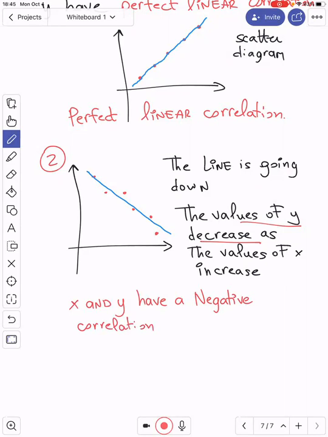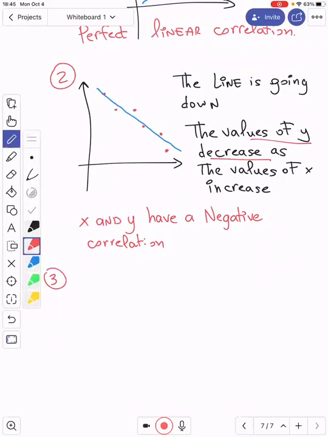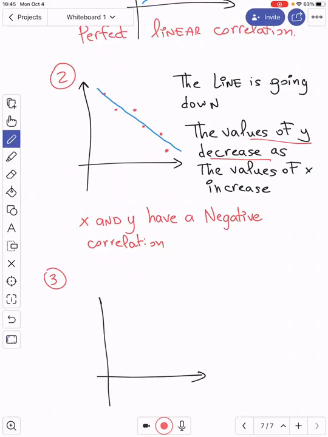Now, of course, we have a positive correlation, when your line is going up. Let's say you have the following scatter diagram, and your data pairs are, for example, these points.